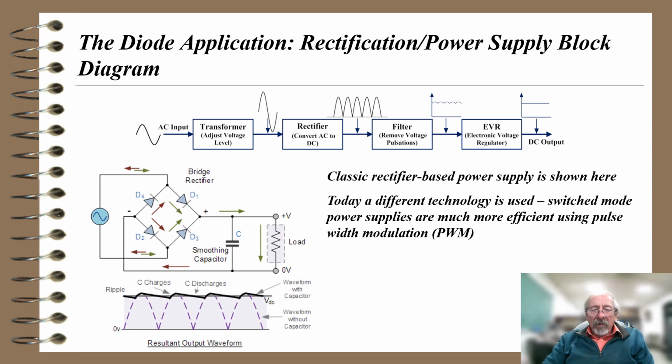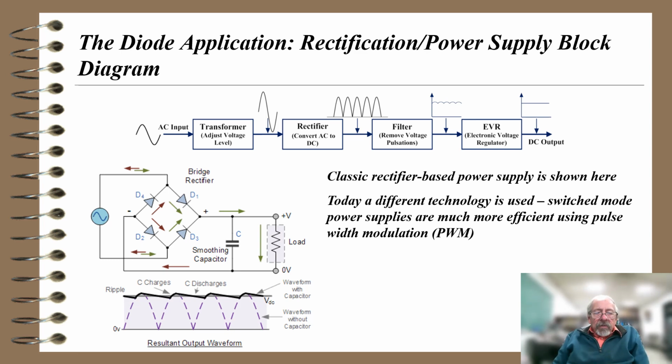There's a filter. A filter is the capacitor you see in the schematic diagram. Removes voltage pulsations. So on the output of that filter you see a DC voltage with a ripple on it. Then we'll usually apply that to an electronic voltage regulator, which is an IC, and basically the output of that is just a nice, steady DC voltage.